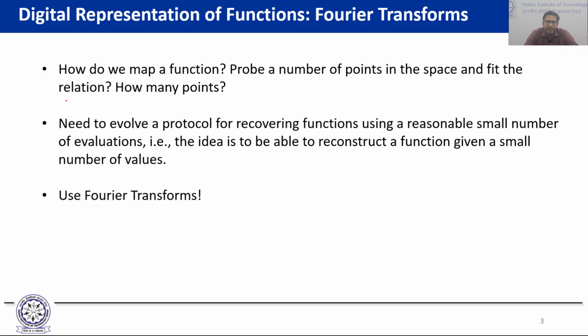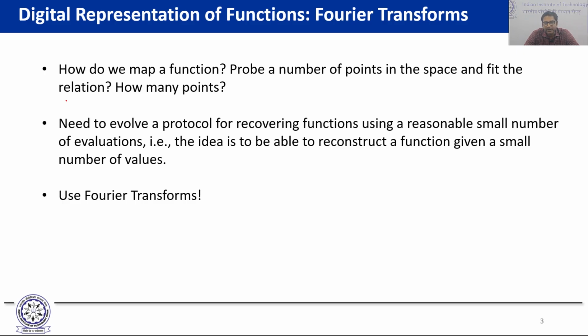The idea behind mapping a function is that we probe a number of points in the space in which the function is defined, and then we start fitting the relation between those points in order to obtain the function. So the question is, how many points are we going to look at? And the short answer to that is more the merrier. One of the things we have to do in order to do this is we have to come up with a proper protocol for recovering functions using relatively small number of evaluations.